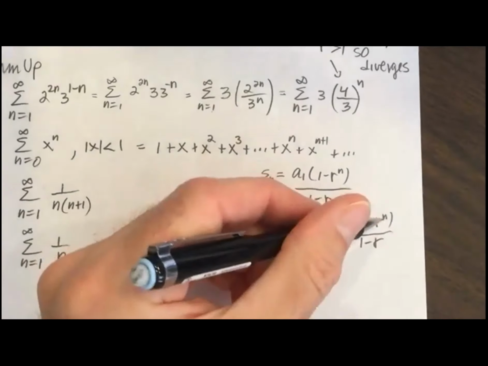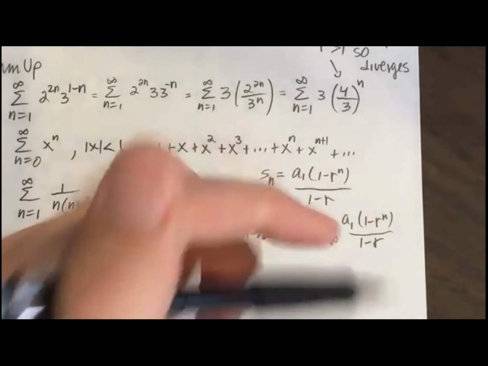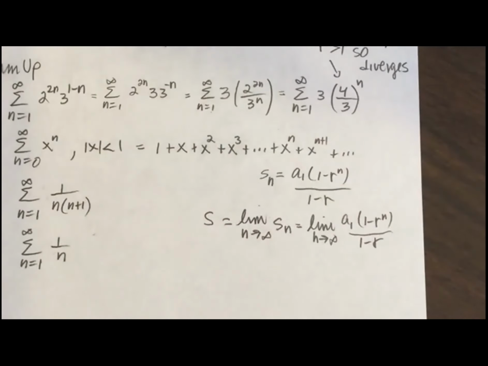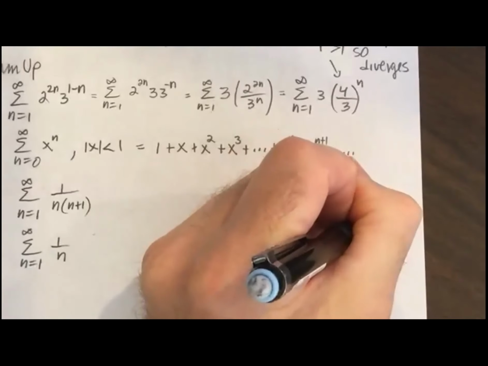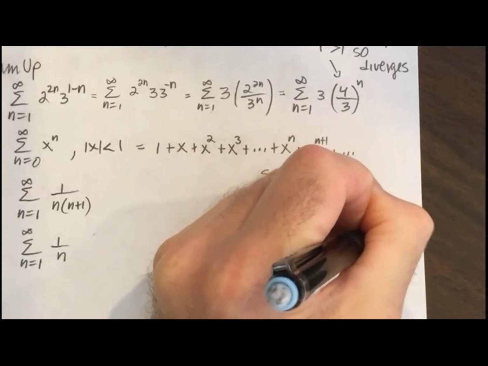So let's think about what r could be. If r is less than 1, let's say r is a half, for example. If r is a half, then I would have 1/2 to the nth power, which is 1 over 2 to the n, which means this part goes to 0. This would go to 0 if r is less than 1.